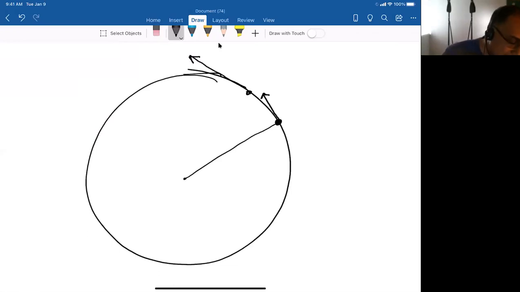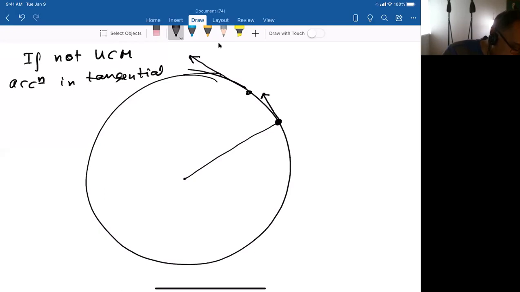So if it's not uniform circular motion, there must be some acceleration in the tangential direction. And that acceleration is responsible for changing its speed in the tangential direction, right? And so that acceleration is called the tangential acceleration, a sub t, okay?